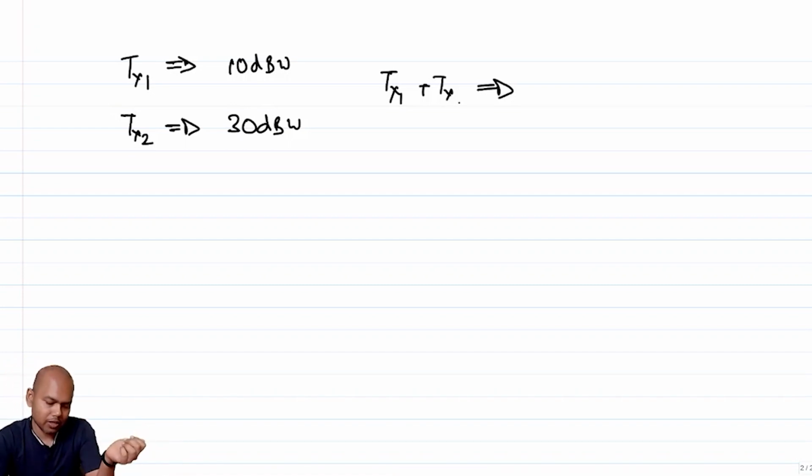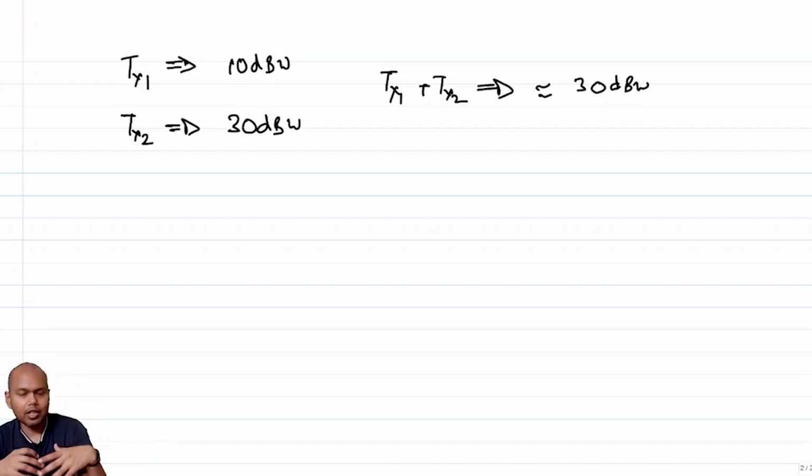So TX1 plus TX2 sends out also approximately 30 dBW power. So essentially, when you are trying to add two linear quantities which have significant differences in linear scale, and you are trying to add them up in log scale, you essentially choose the higher one.